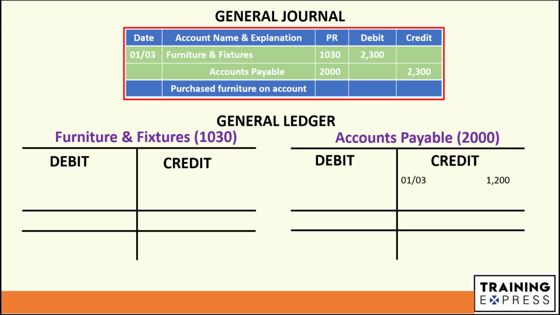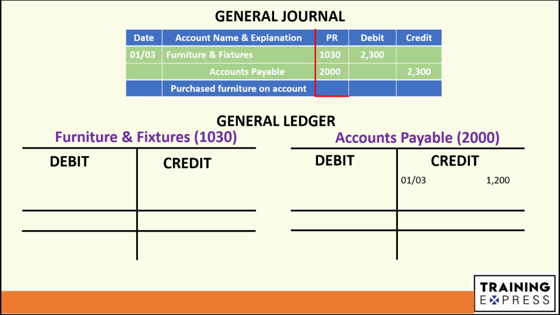Look at the journal entry. Furniture and fixtures debit by $2,300 and accounts payable credit by $2,300. Look at the PR column. You can see the furniture and fixtures account number is 1030 and the accounts payable account number is 2000.